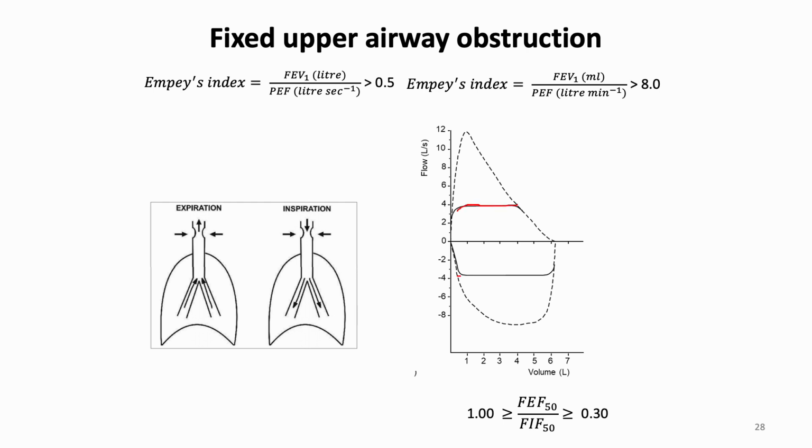And in fact, when we quantitate this by the FEF ratio, it becomes normal. It's normally between 0.3 and 1.0. So that's how a fixed upper airway obstruction looks.